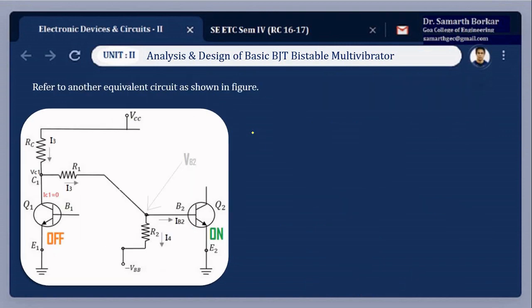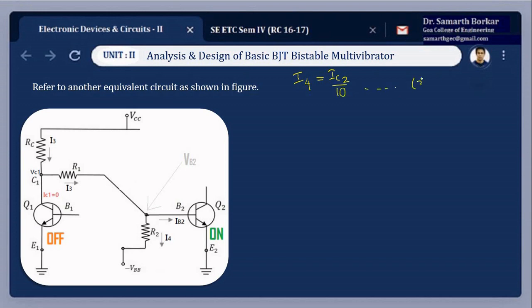Next, for this case the transistor Q2 is considered to be on and Q1 is off. So this is another part diagram. Now referring to those guidelines, hint number 3, we can write current I4 equals IC2 by 10.